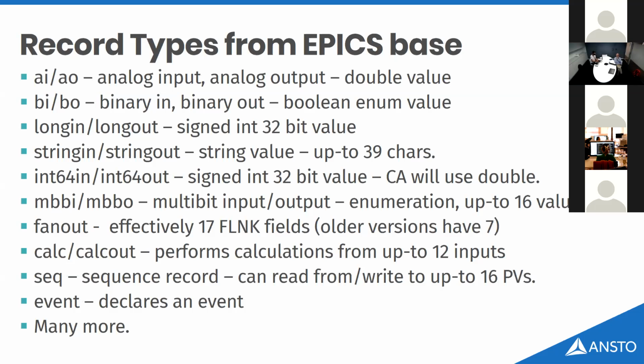The sequence record allows you to run a sequence of reading and writing from up to 16 PVs or from 16 constants to 16 PVs. And you can specify a delay between each action, so it defines a sequence. And I mentioned events. The event record can be used to declare an event, so that's kind of useful. And there's quite a few more.